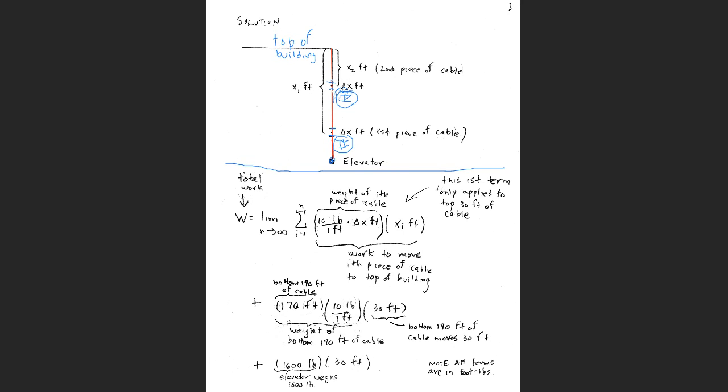So if you were to consider Roman numeral 1 piece of cable, and then consider Roman numeral 2 piece of cable, which piece of cable is going to take more work?